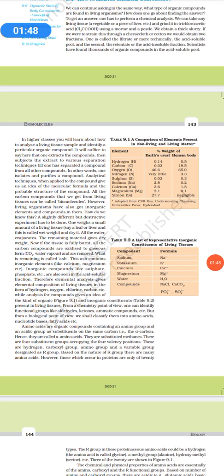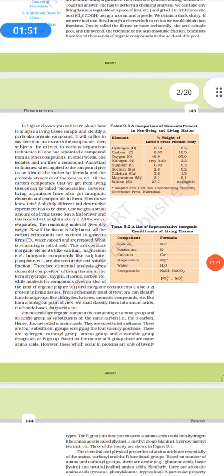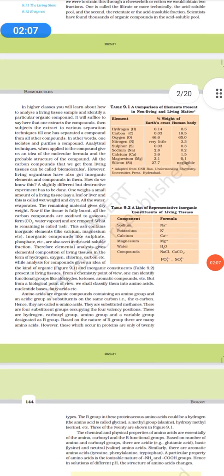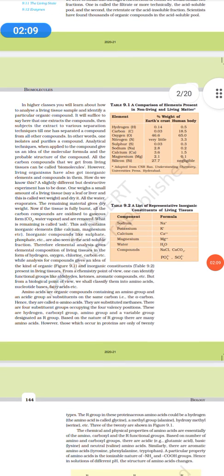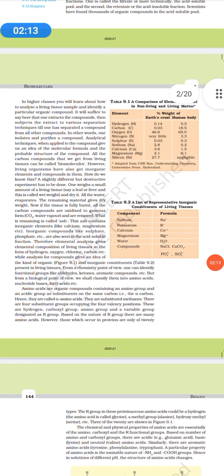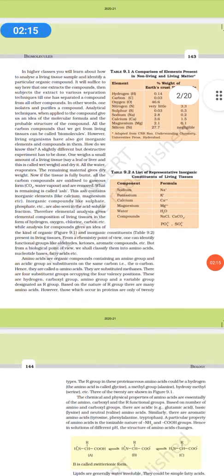We are not talking about inorganic salts, but the ones which contain carbon. One can weigh the amount of living tissue and dry it. All the water evaporates, and the dry material can be weighed. Once the water is removed, the remaining part is the ash, once it gets burnt and evaporated.